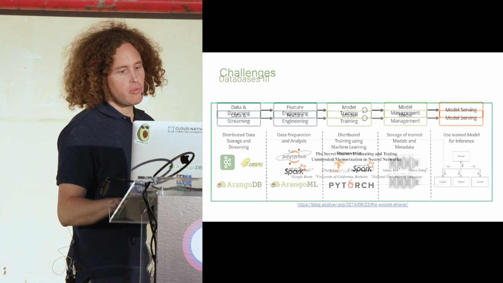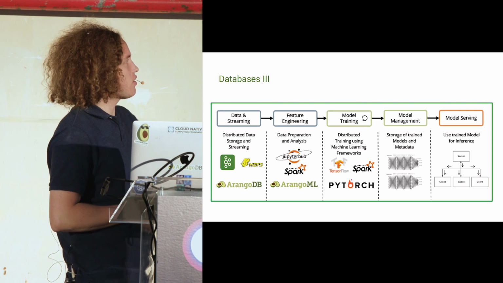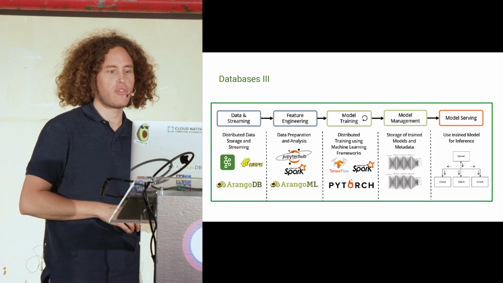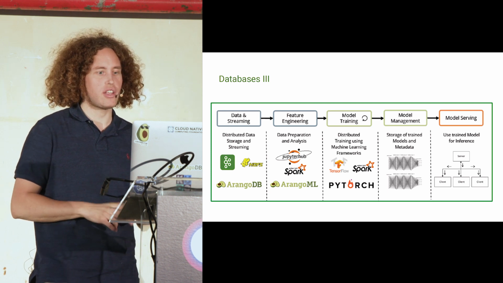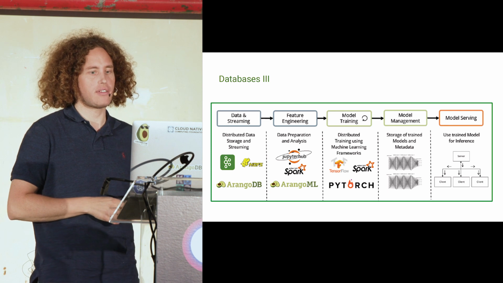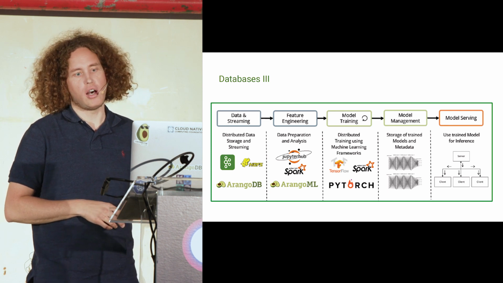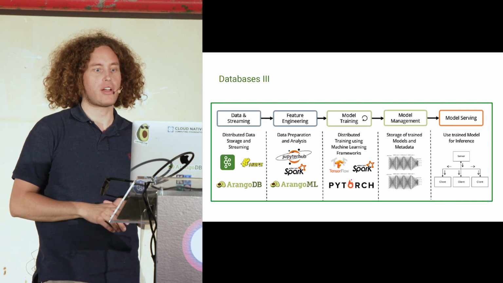So if we had our first machine learning pipeline, you can already see there are a lot of different open source projects involved. So we had some data stored in HDFS or Google buckets, we had some Jupyter Notebooks, we had some TensorFlow jobs, we had our model store, and then we had our models being served in production.